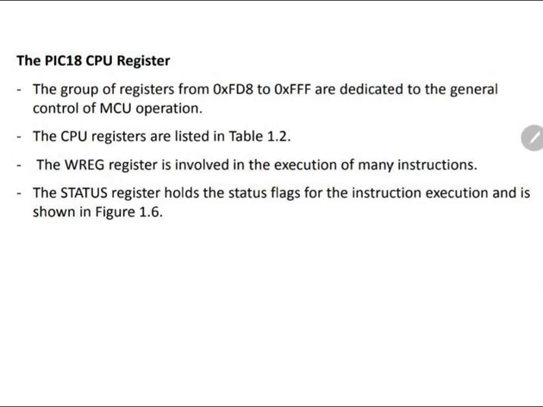The second one is the status register. This is maintained by who? The control unit, right? The control unit maintains the program counter and also the status register. So we shall see the status register first.